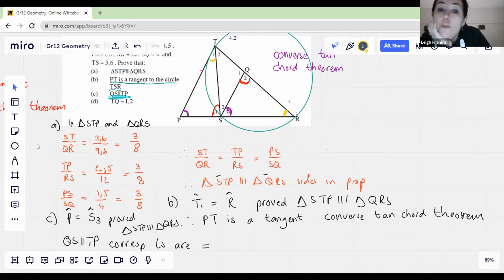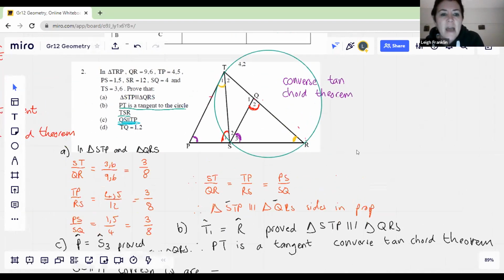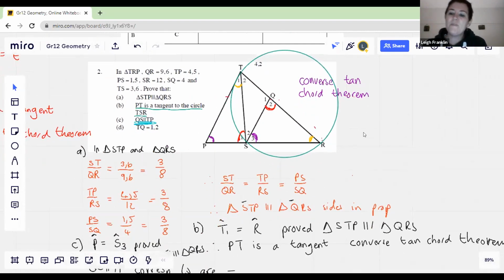We haven't been told that we have a center. So we don't know if Q is a center. They haven't told us that. So we must be very careful about making assumptions. Unless they've told us that something is true or we can prove that it's true, stay away from assuming things are true, because that generally leads to problems.